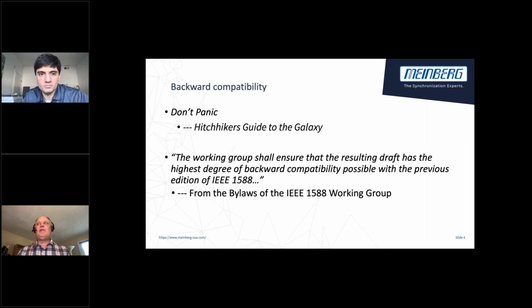This was the #1 feedback we got when we started talking about a new version of 1588: don't break it. So we wrote it not just as a requirement for the project, but into the bylaws of how the 1588 Working Group operates. And there's the quote there that we shall ensure the resulting draft has the highest degree of backward compatibility possible with previous edition. So we took it seriously.